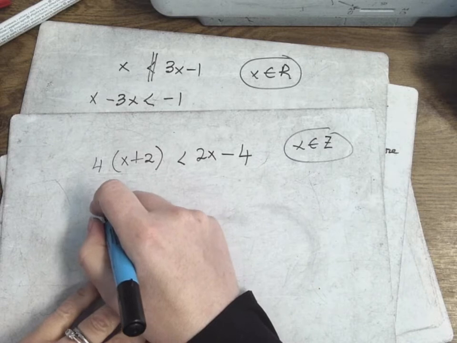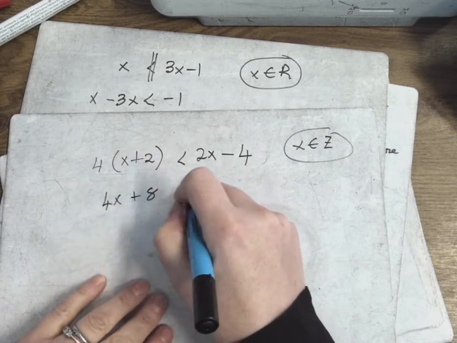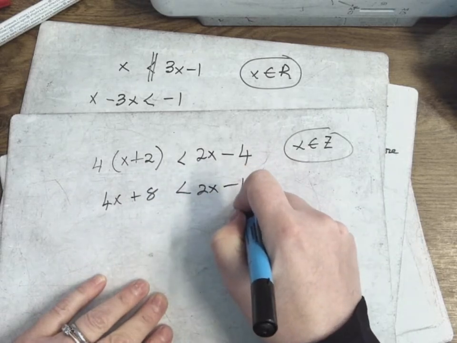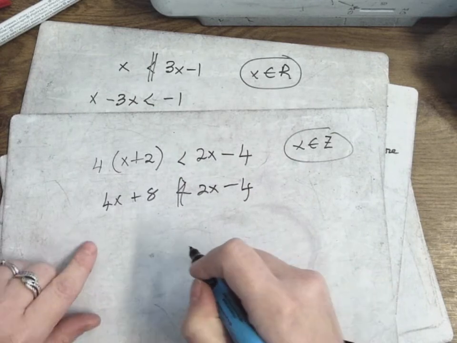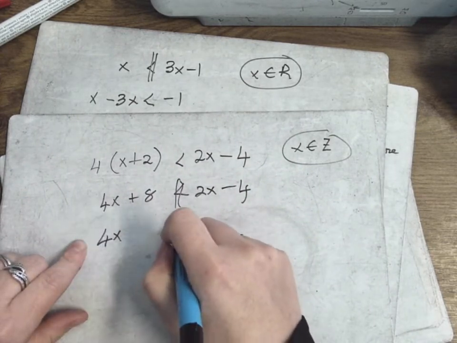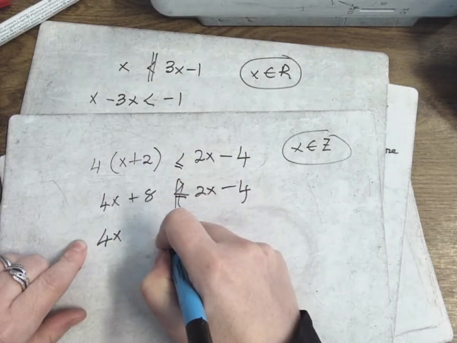So what will I get? 4x plus 8. Right? Is less than 2x minus 4. Right? Build a wall. X is on one side, numbers on the other. Okay? So leave the 4x. Plus 8 is moving. This is less than, actually I'm going to change this to less than or equal to. That's okay.